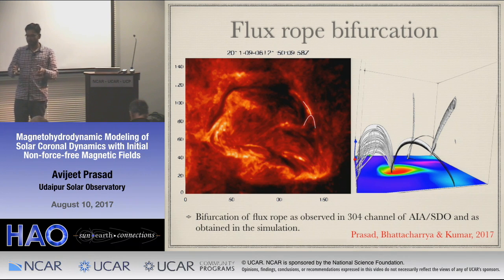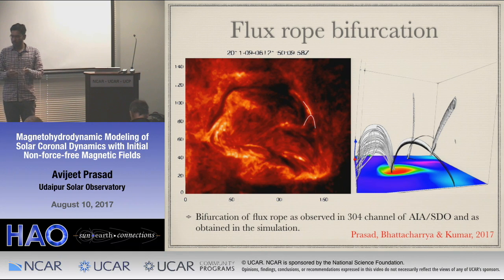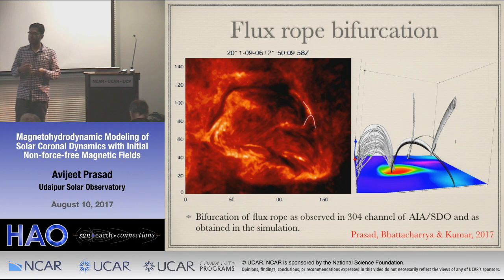We are not giving an initial flow that should produce the reconnection. In some sense, we are fitting the magnetic field lines as well as the initial Lorentz force in the system by using a non-force free initial field. So we are hoping that we are capturing the initial field as well as the initial force, so that the flow is generated spontaneously, and that should lead to the correct dynamics if we capture all the parameters properly.